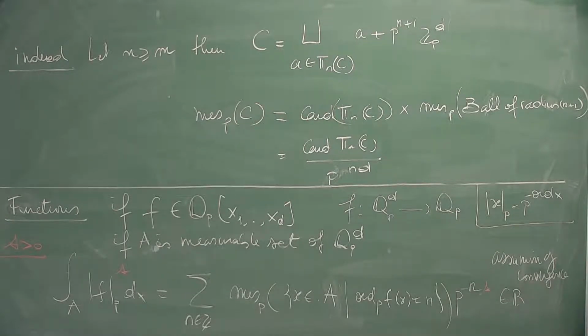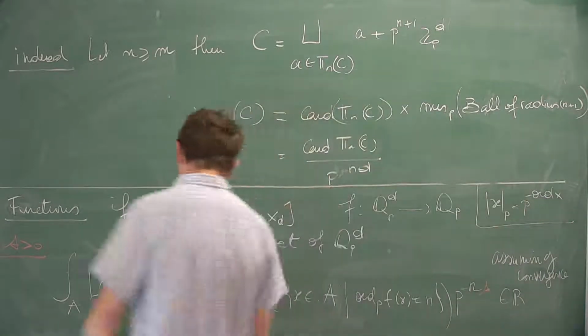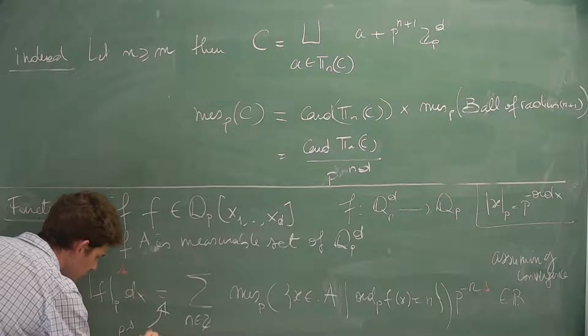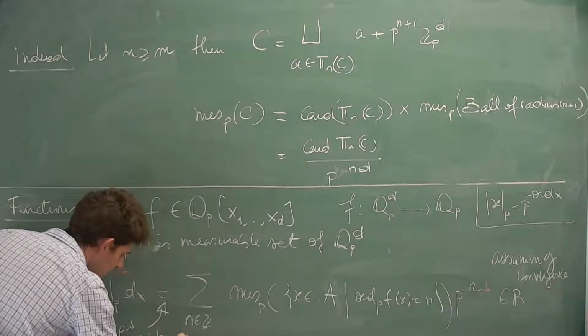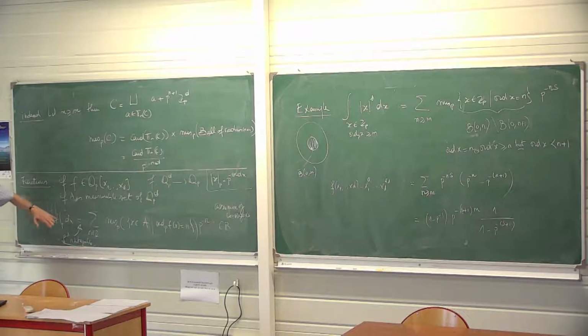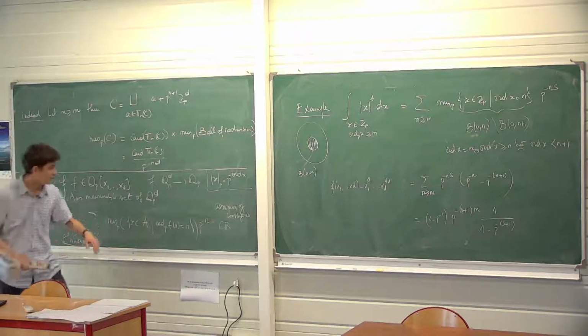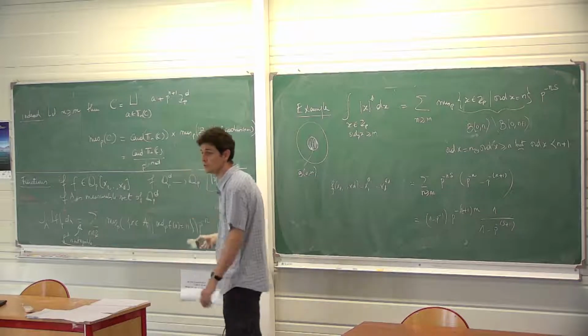By having a Haar measure, you have an integral. Yeah, okay, so it's the same. But here, |f|^s is integrable, and the value of the integral is defined if and only if this formal series is convergent, of course.